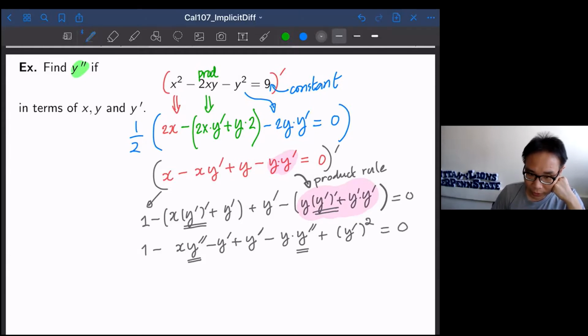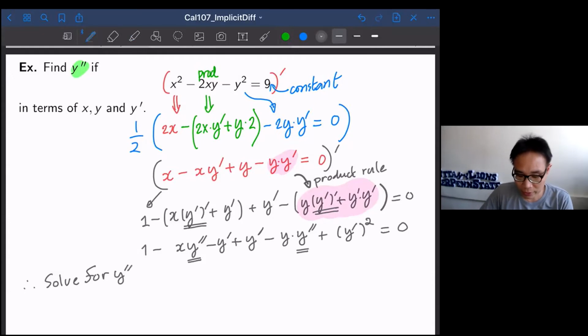And you see that we're going to solve for y double prime from this relation. So you're going to do the same trick. You're going to move y double prime to the same side. So you're going to gather y double prime on the same side, and gather the terms without y double prime on the other side.